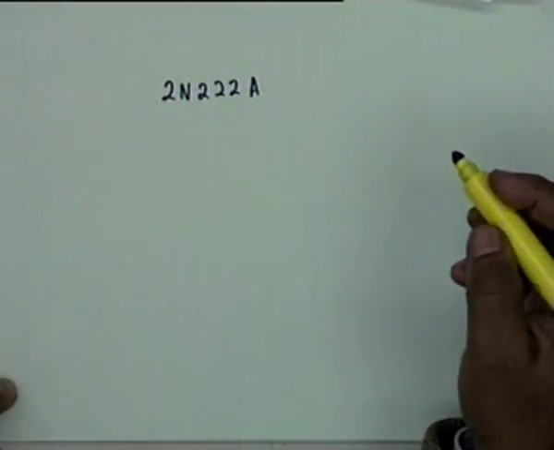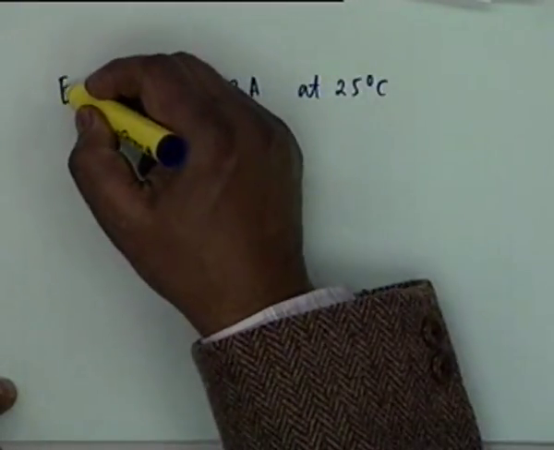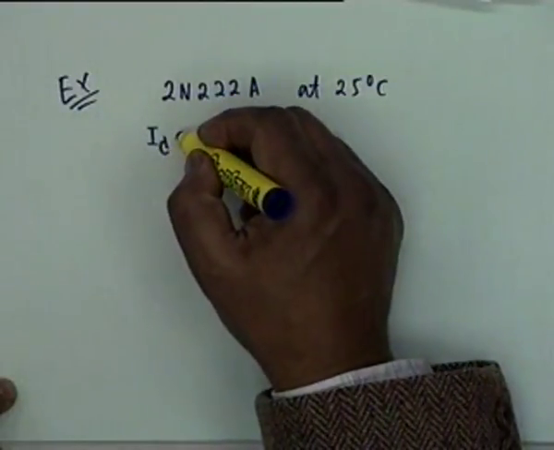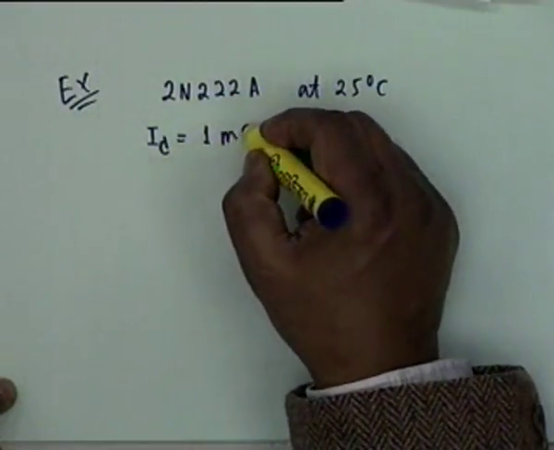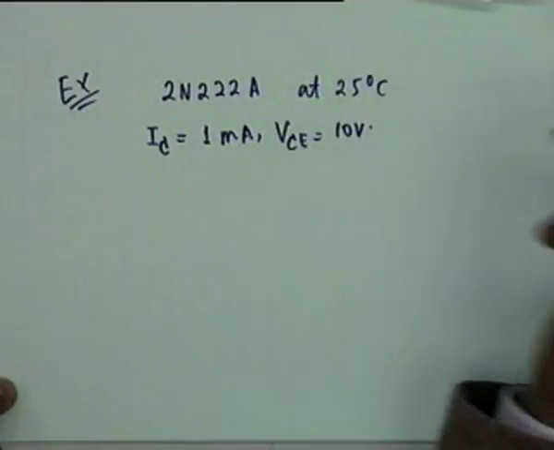2N222A transistor at 25 degrees C has the following operating point. I sub C is 1 milliampere and VCE is 10 volts.